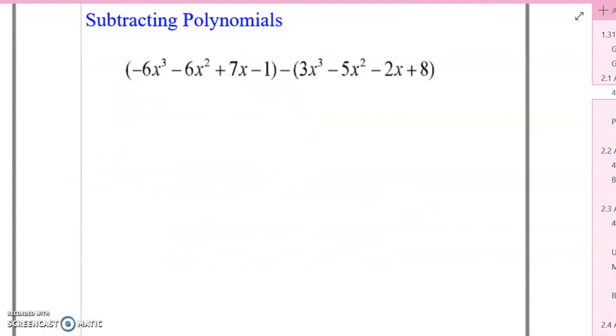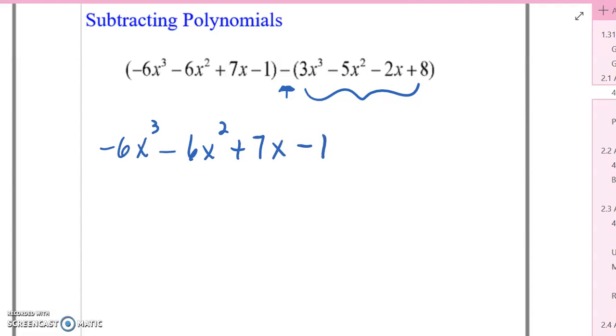Subtraction, the only problem is you're taking a group minus another group, which means this minus sign right here is important. It is not just minus this number. This is a group. So when I do a subtraction problem, I do rewrite the entire thing. So what happens is I copy that down. That doesn't change.